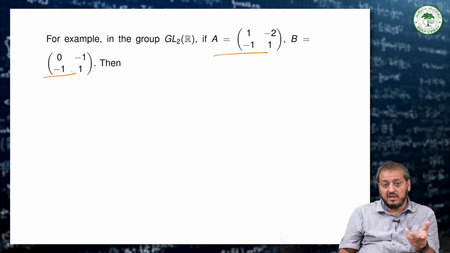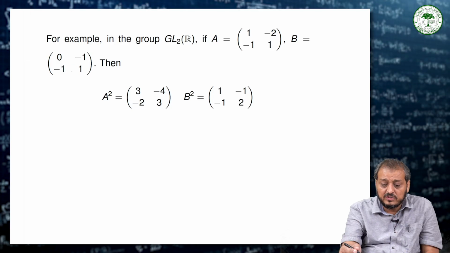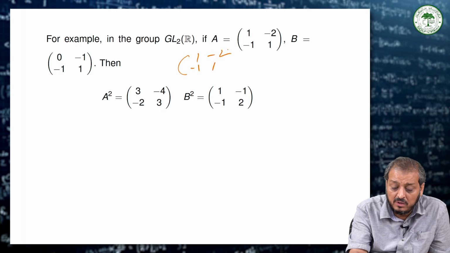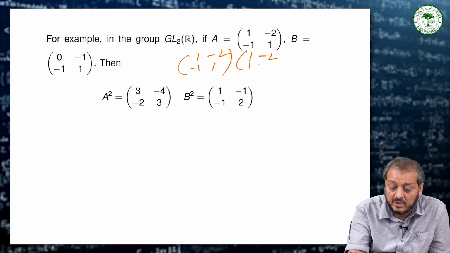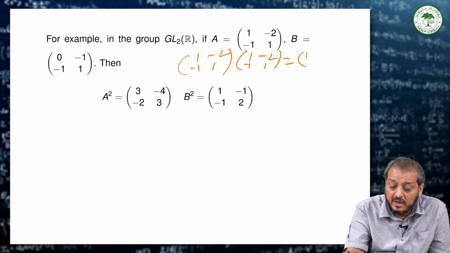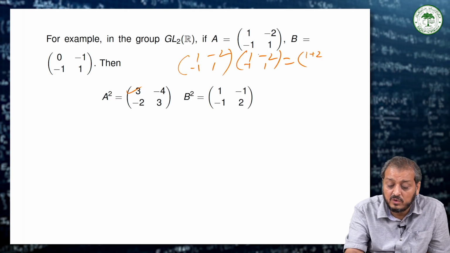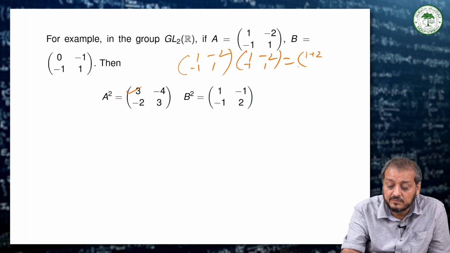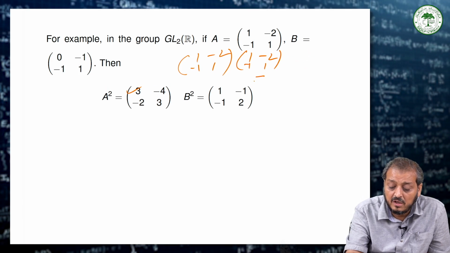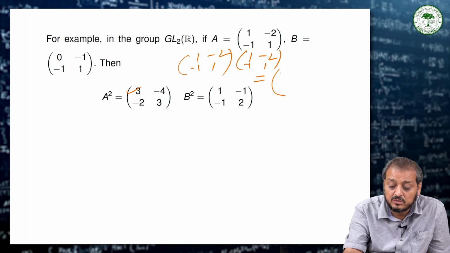So we take A square, which is the product of this matrix with itself. We have 1, minus 2, minus 1, 1, and then 1, minus 2, minus 1, 1. Multiplying, this entry is equal to 1 plus 2, which is 3. Similarly, this entry is 1 minus 2, which is 3.